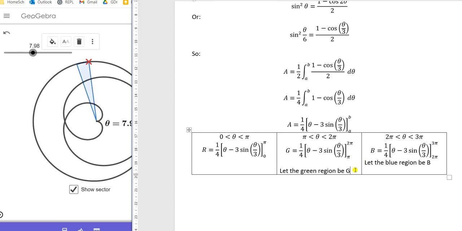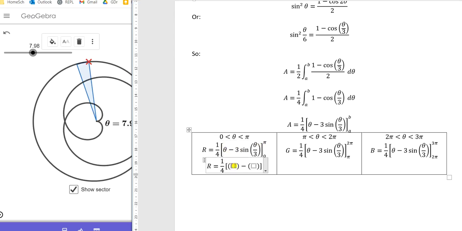Now I just need to evaluate those. And I want to make sure I've got nice exact values, but luckily most of these work out quite pleasantly, and if I need to, I've got a calculator I can refer to. So R becomes a quarter of, I'm going to keep the square brackets in, but I'm going to have two separate terms in here, one when I sub in pi and one when I sub in 0.